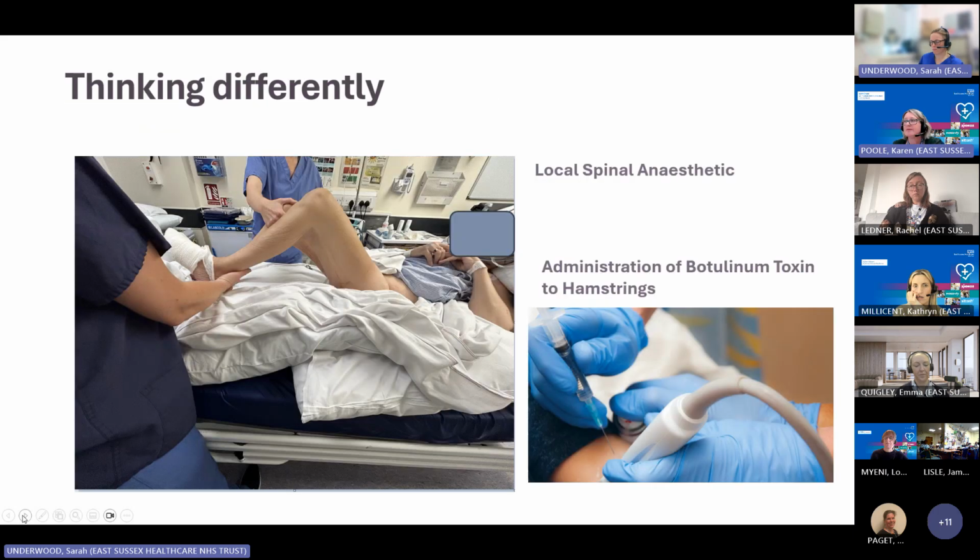So really, this is just about thinking differently here. So this is us in theatre. Once the spinal block had knocked out that neural component of her presentation, as a team, we were able to see that her limbs could get into a much better extended position. Paul Harvey, who was her lead therapist, also came into theatre with us because he actually had the better working knowledge of what her muscles looked like and how they responded to therapy.